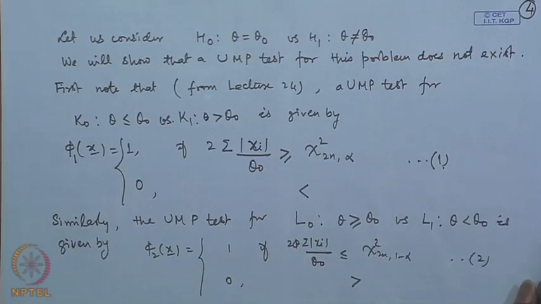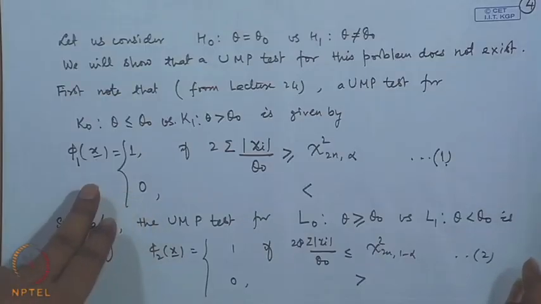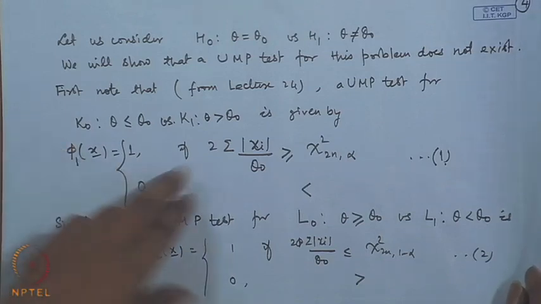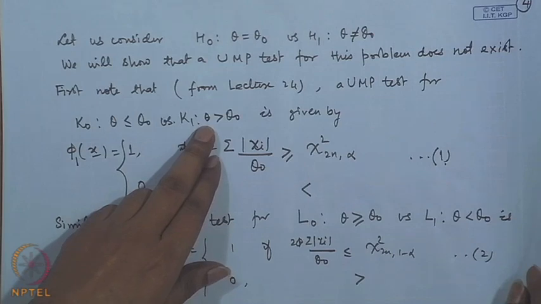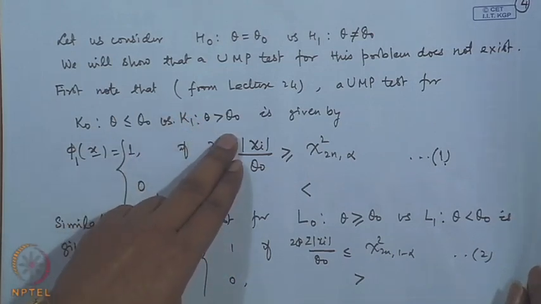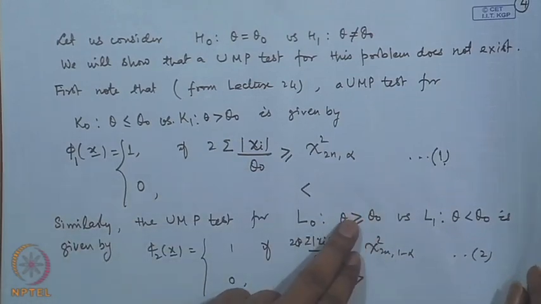Now, by the property of the UMP test, if I look at the power functions, then the power function of this will be having the values in the theta greater than theta naught region. Now, theta greater than theta naught region is the region of the null hypothesis for the L naught.